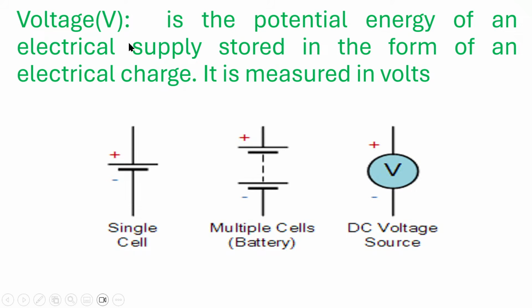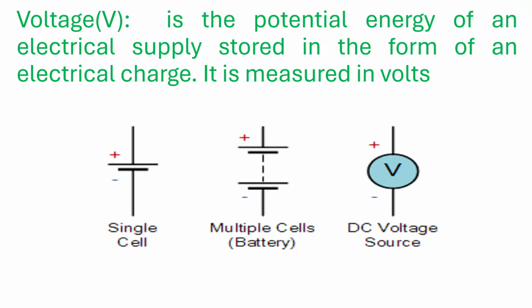Then we have voltage. Voltage is the potential energy of an electric supply stored in the form of an electric charge. It is measured in volts. Voltage can be thought of as what pushes the electrons through a conductor. Like we said, we have a resistor in the circuit.